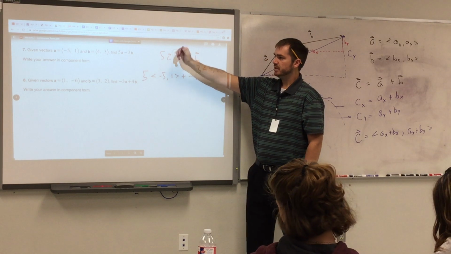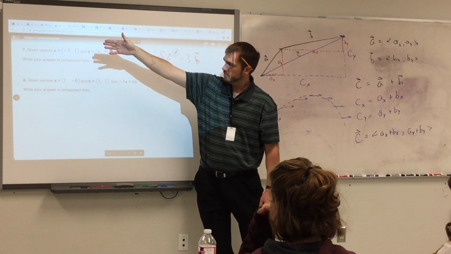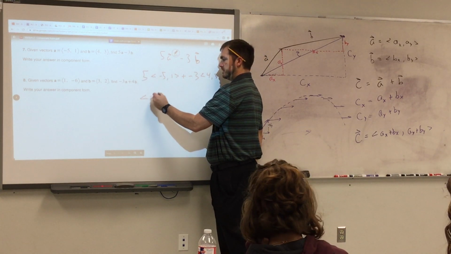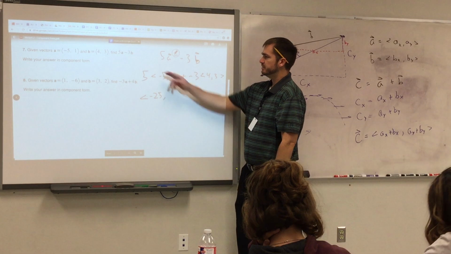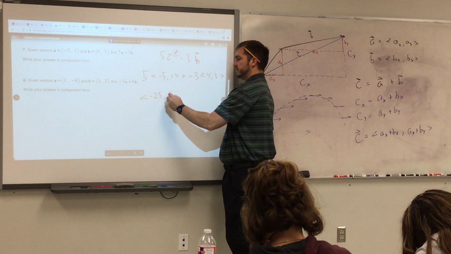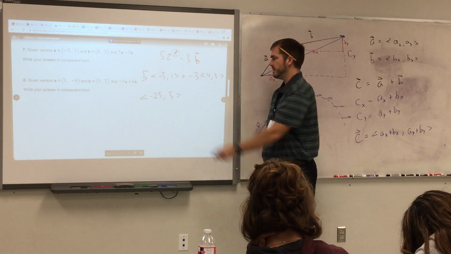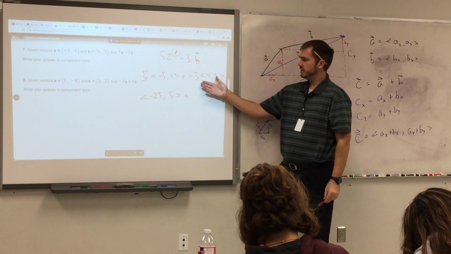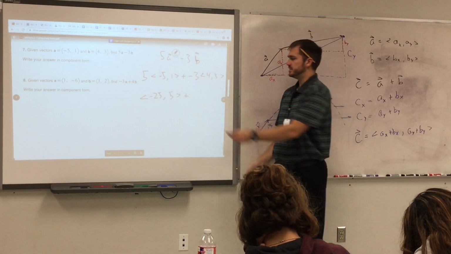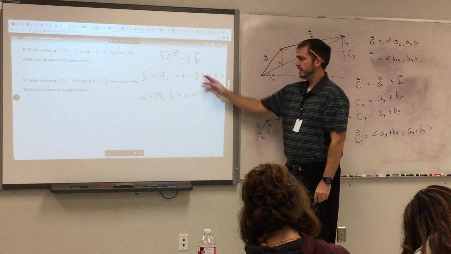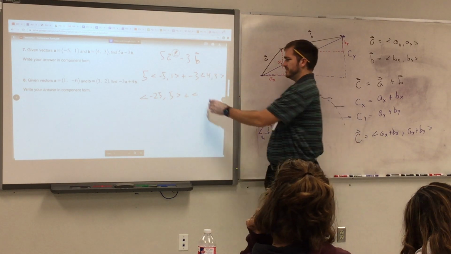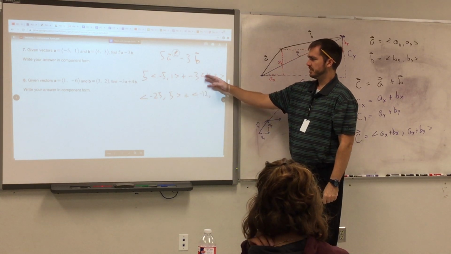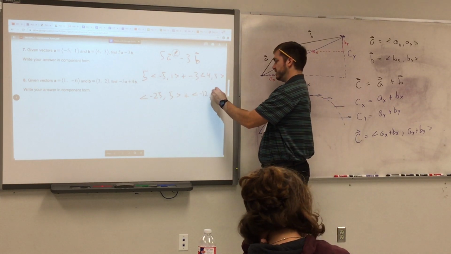5 times vector A, just based on our formula over there, it's going to be 5 times the x component, so negative 25. 5 times the y component, so 5 times 1 is 5, plus, same kind of thing over here, we've got a scalar times the vector, so negative 3 times the x component, negative 3 times 4, it's going to be negative 12, negative 3 times 3, negative 9.